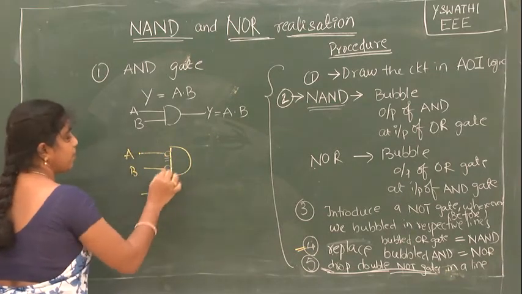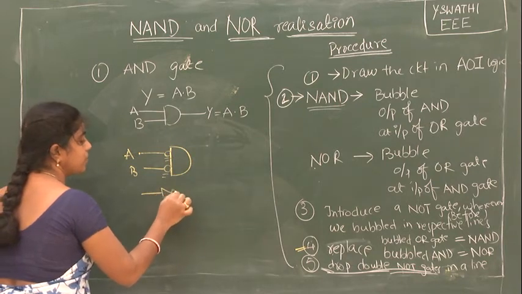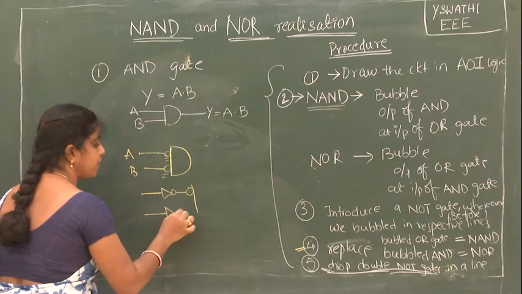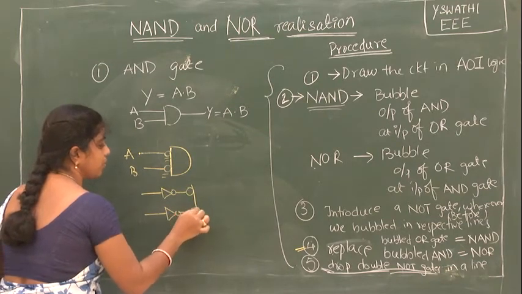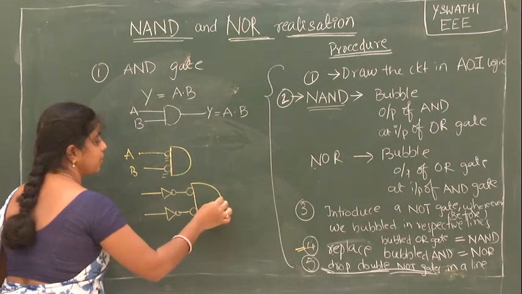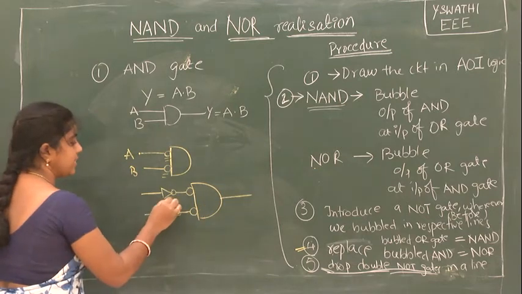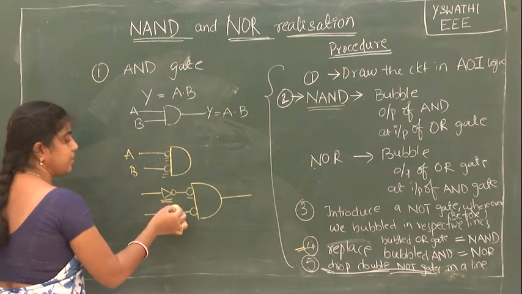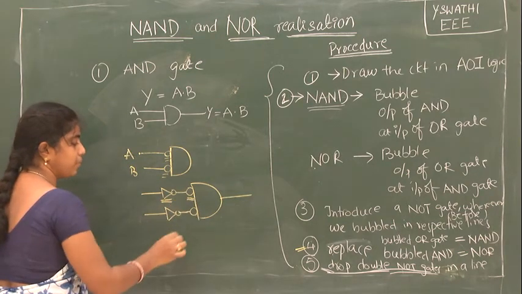So before that I am introducing a NOT gate, so that the functionality of the line doesn't change. Here I am placing an inverter because I bubbled the input.